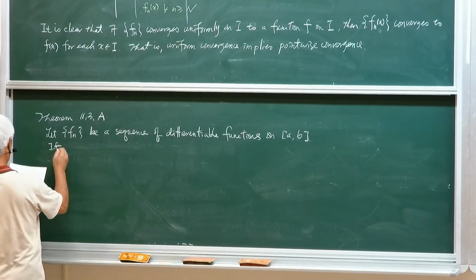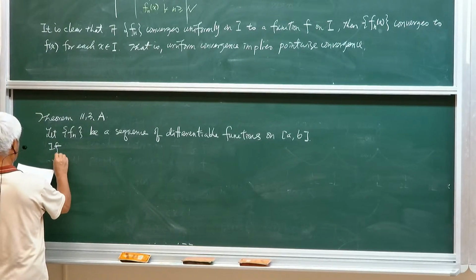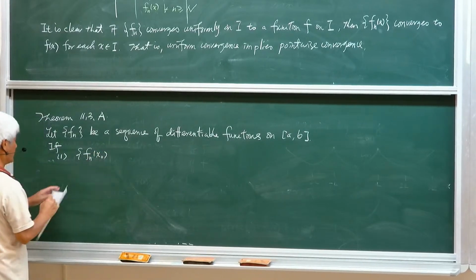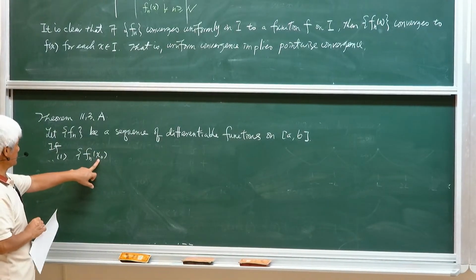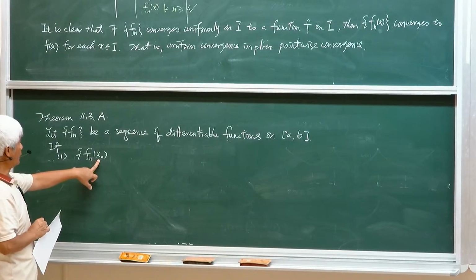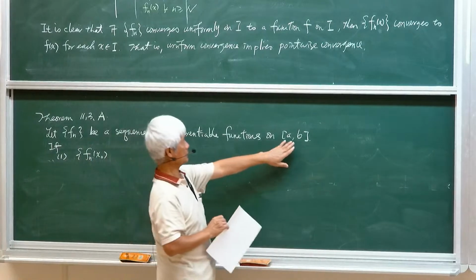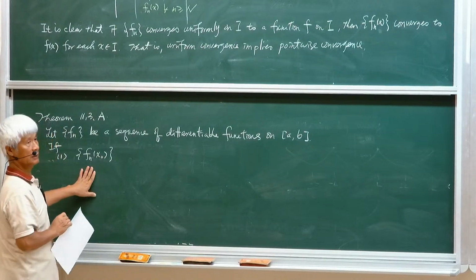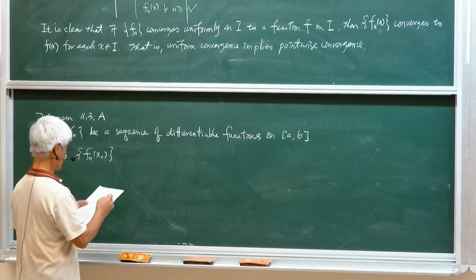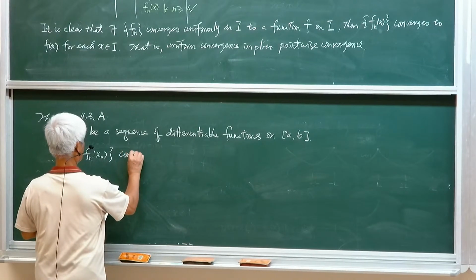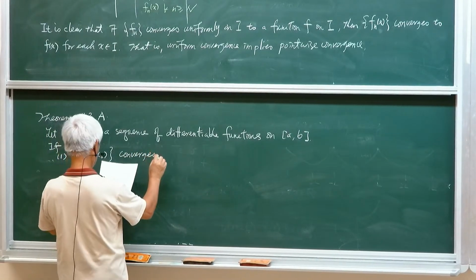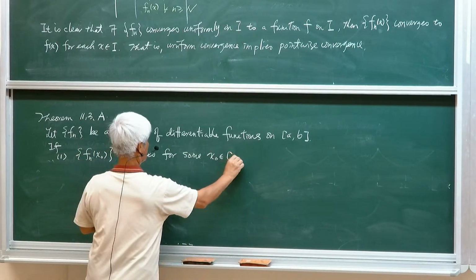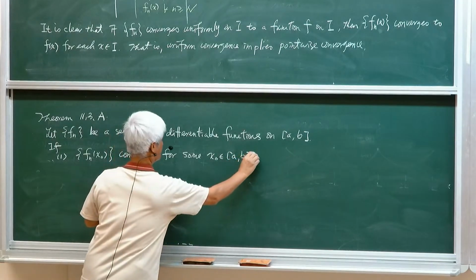If there exists a point x sub 0 in this finite closed interval, and this sequence of numbers converges for some x0 in the interval AB, that is the first condition.